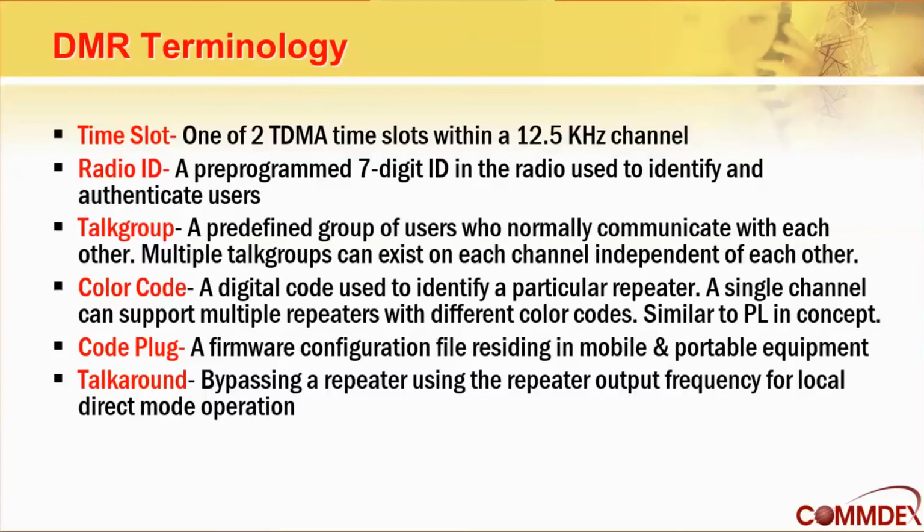Code plug, and this term is also used in P25, is basically a firmware configuration file that is used to program the subscribers. Talk around, this is also used in P25 when you have no infrastructure and you just want to talk radio to radio using the output frequency of any one of the repeaters for direct mode operation. So you can see there's a lot of similarities with P25.